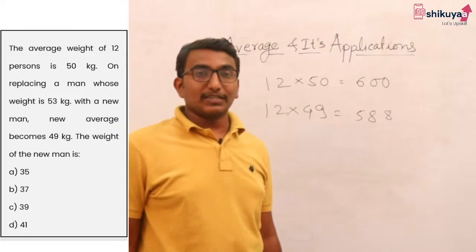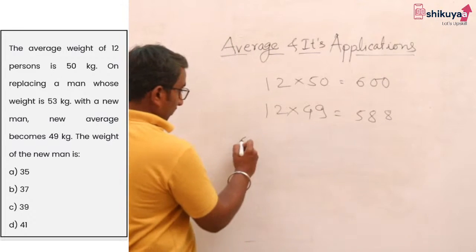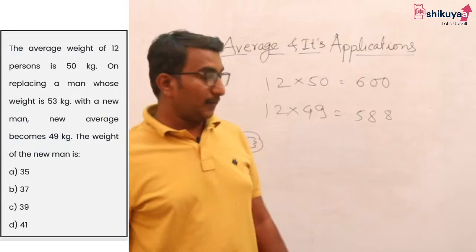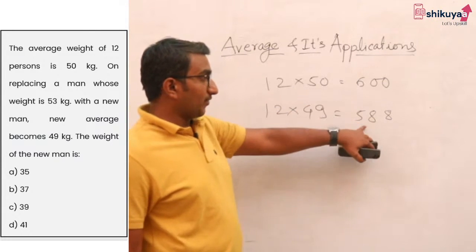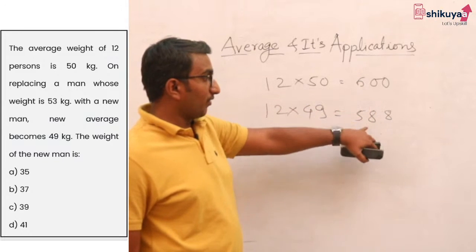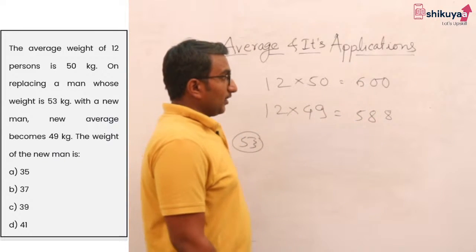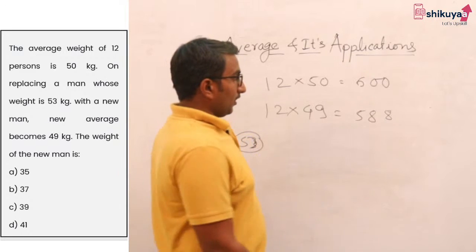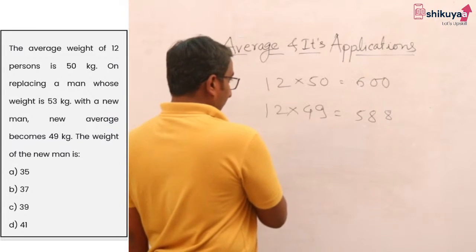Now you have to understand, the person who has been replaced, his weight was 53, and the difference from 600 to 588 is how much? The difference is 12, right?